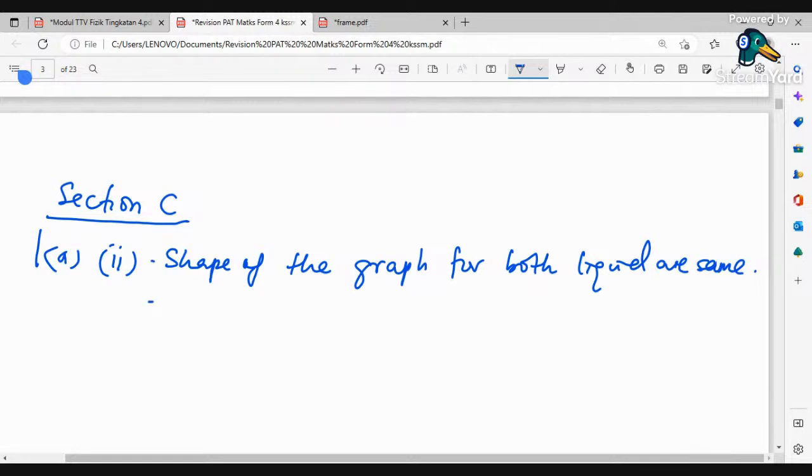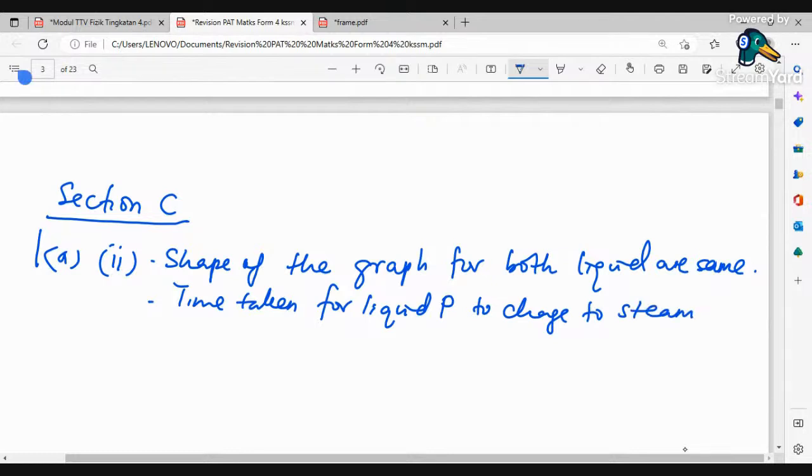Okay, second point. Time taken for liquid P to change to steam is longer than Q.